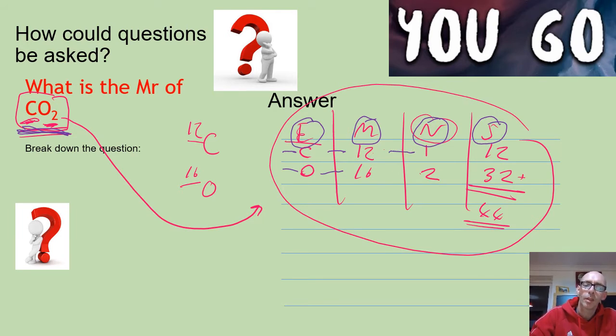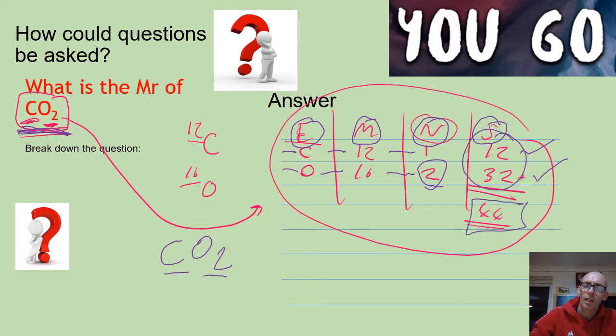There's 1 carbon in there, and there's 2 oxygens. 1 lot of 12 is 12. 2 lots of 16 is 32. Add them together, and the MR, the relative formula mass of CO2, is 44.